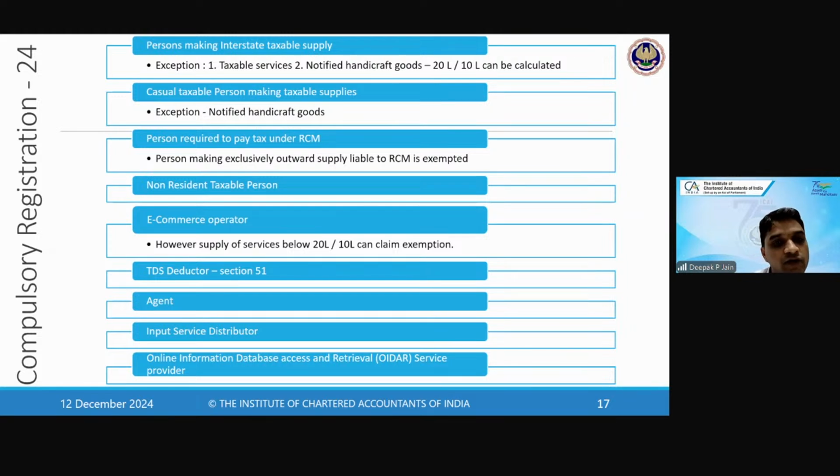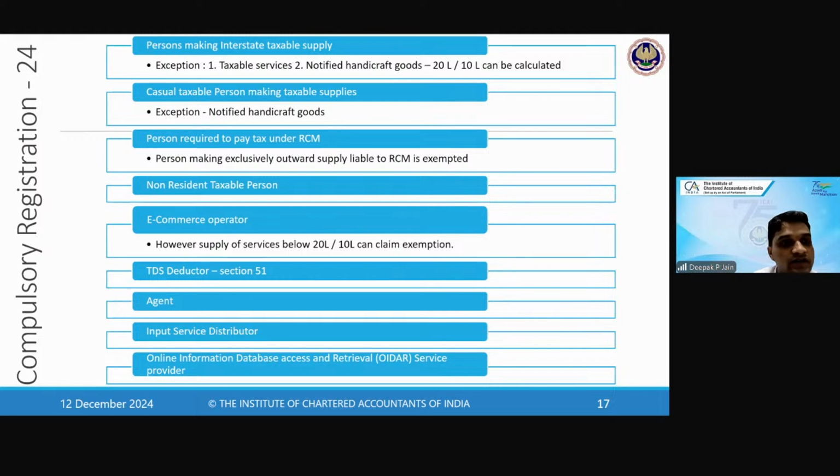Input service distributor. It is not there in your syllabus, but just for your understanding. Input service distributor means a person who is like a head office, who collects all the invoices from his vendors and distributes the credit to its branches. So input service distributor, as the name suggests, is distributing the input tax credit to its branches in multiple states.